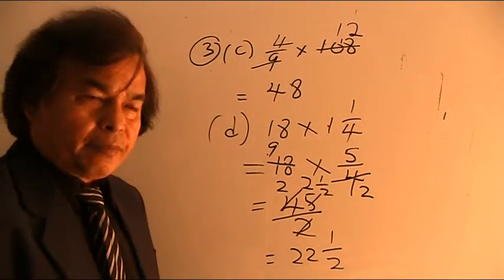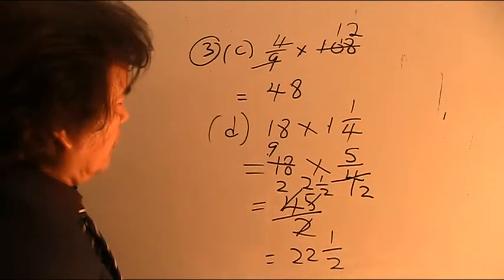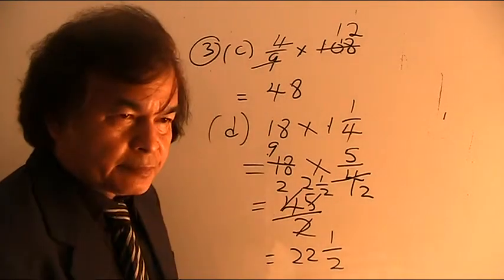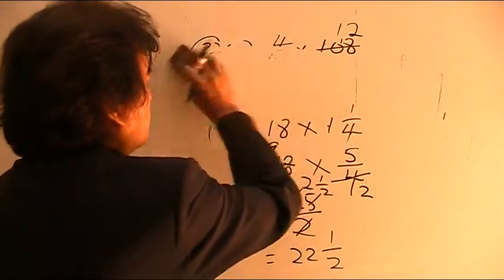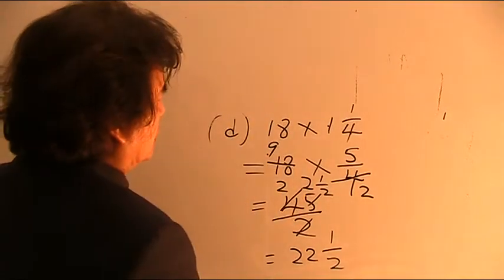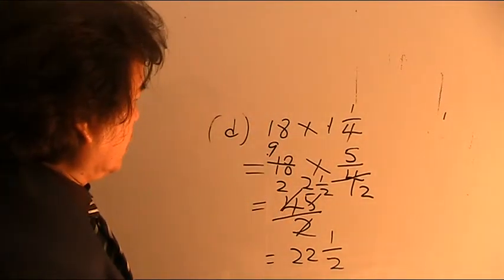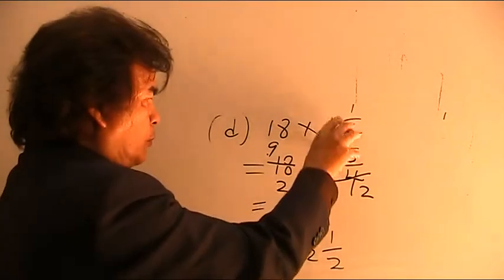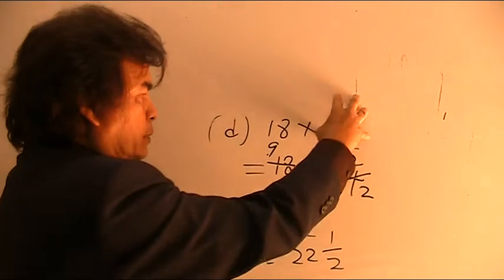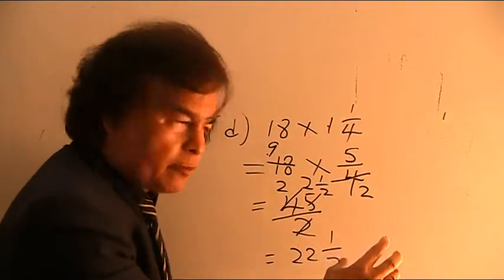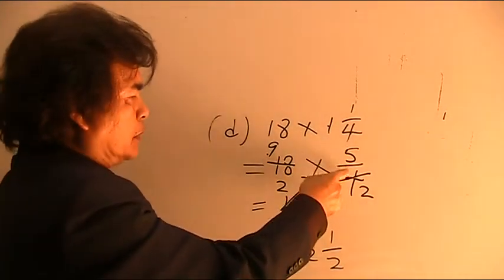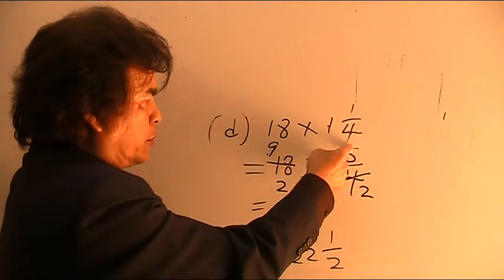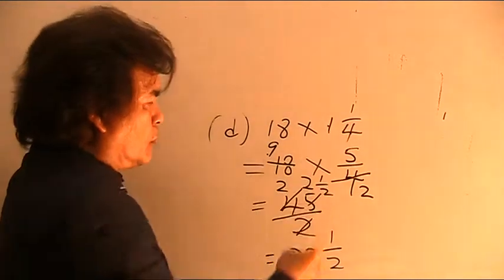Alright. And copy down this quickly. And we see the next one. Okay, I repeat, 18 times 1 1/4. You convert 1 1/4 to 5/4. You convert mixed fraction to improper fraction. 4 times 1, 4 plus 1, 5/4.